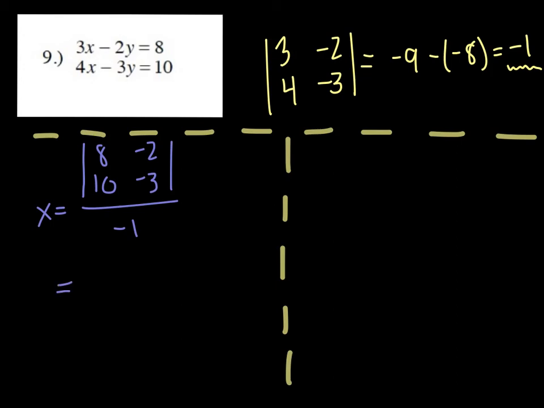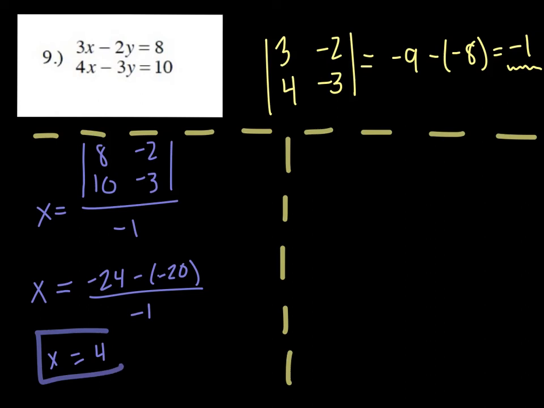So that's going to equal 8 times negative 3, which is negative 24, minus 10 times negative 2, which is negative 20, over our determinant of the left, which we found to be negative 1. So -24 minus negative 20 gives us negative 4 over negative 1, which gives us 4. So that's okay. Now we need to find our y.